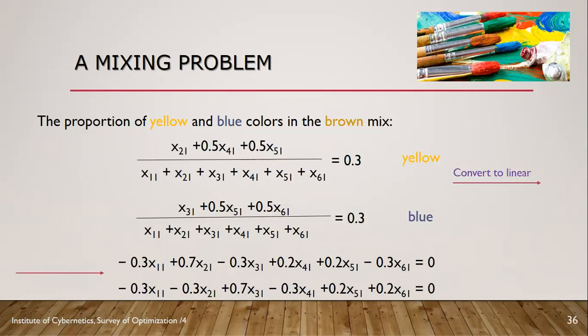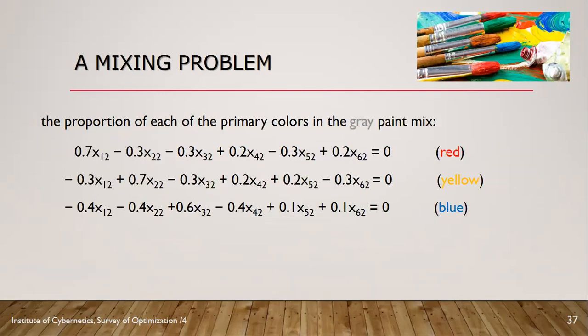Now, in the same manner, we do this for yellow and blue colors in the brown mix. Again, recall that those are primary colors. After converting the ratio expressions, we come up with the same equalities in a standard linear form. Here they are.